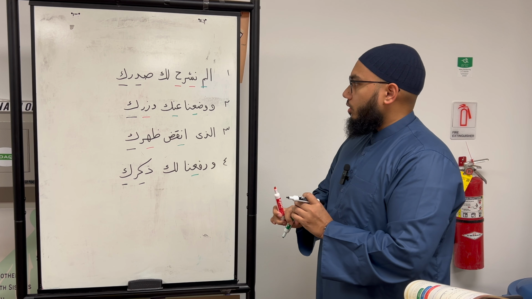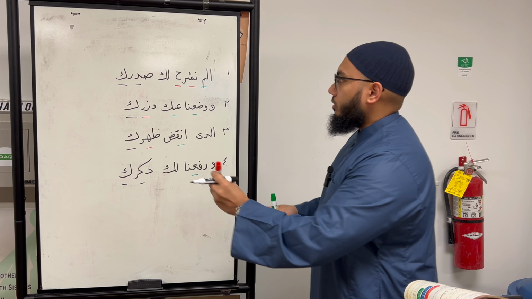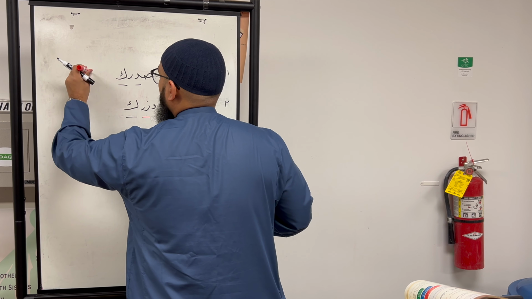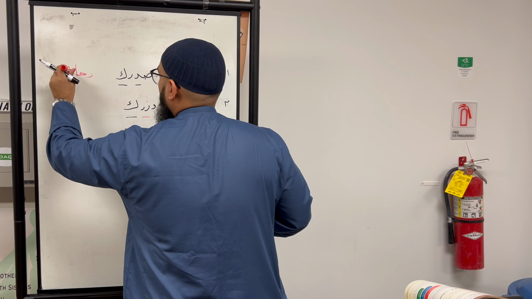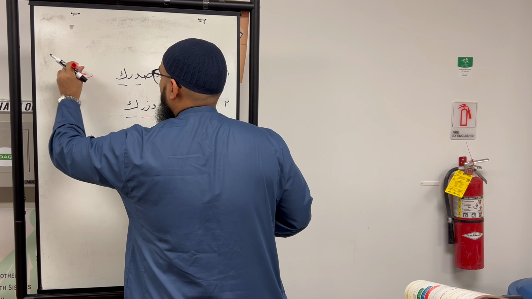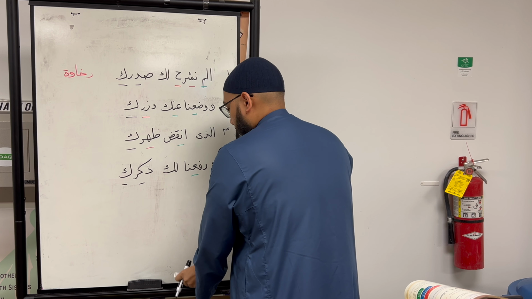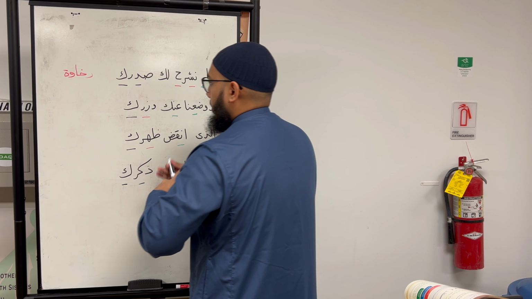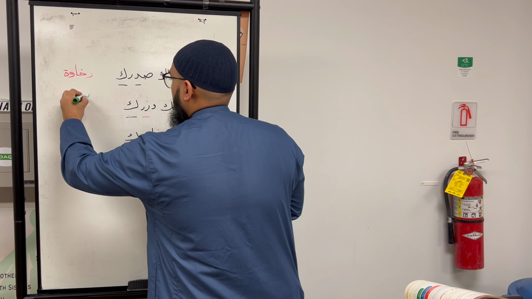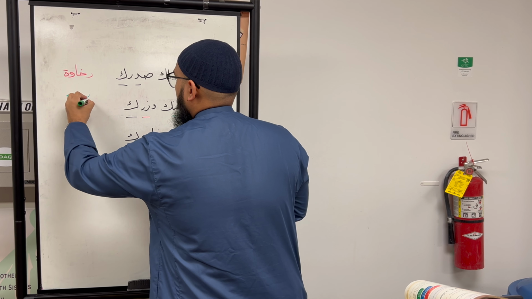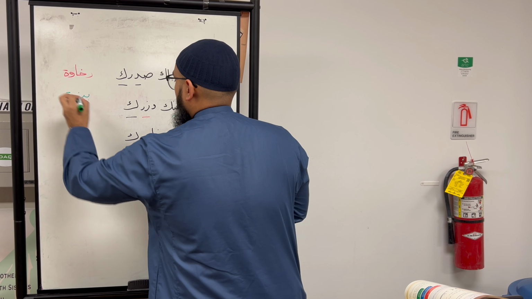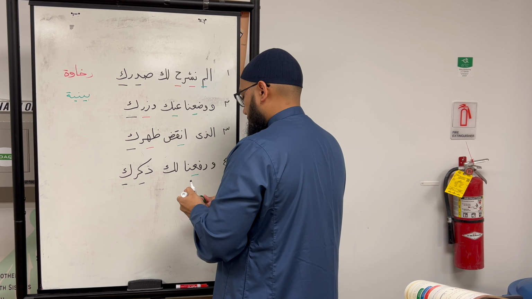So the red we can write here is going to be rakhawa. Then we have green is bayniya, and black is shidda.